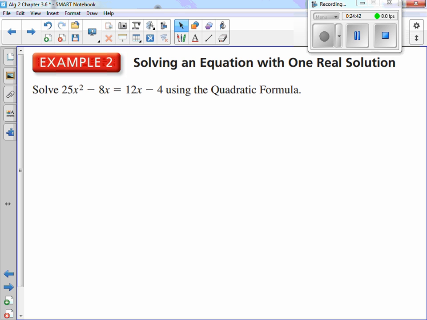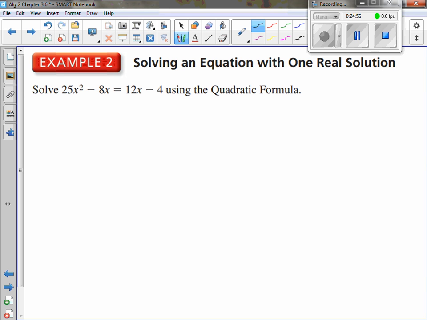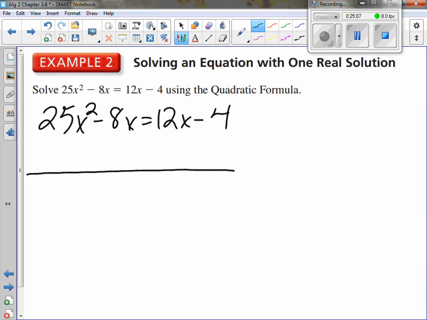Let's do this one here. We're going to do this one here next. 25x squared minus 8x equals 12x minus 4. What's the first thing we need to do? We need this thing equal to 0. It doesn't matter what I add or subtract first. What do we want to add or subtract first?